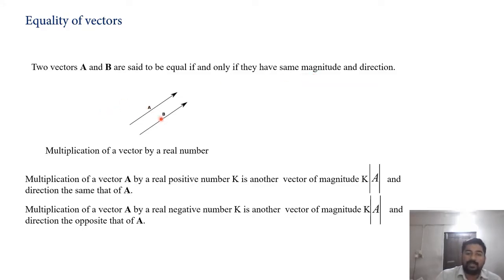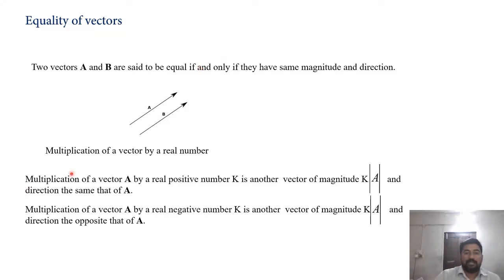So A and B are the vectors you have to compare, which means the arrow should point in the same direction and the lengths of the two arrows are the same. Then we can say A and B are equal. If we put this arrow over this one, it will actually coincide. The arrow will coincide here and the length will coincide for A and B. Then we can say that these two vectors are equal.